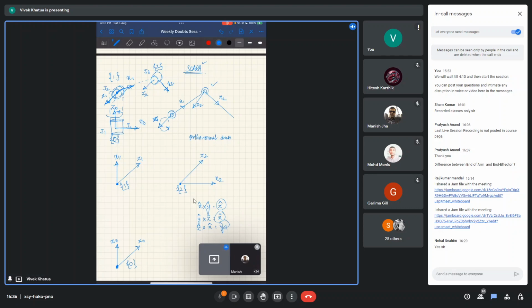So here the first question is: what does it take to reach from frame i minus 1 to frame i? The second question is: can you be consistent? These are the two essential questions that we ask.